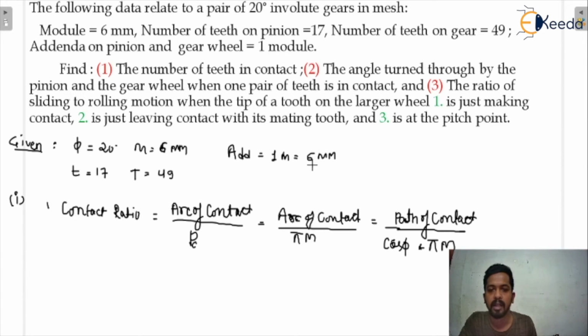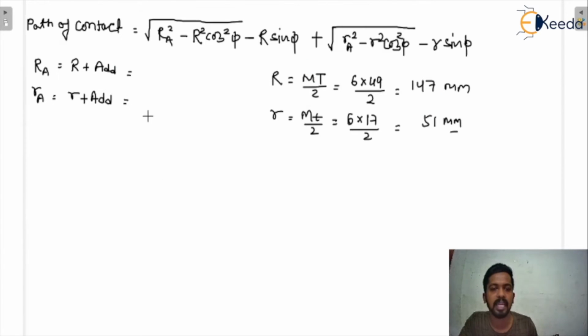Addendum is one module, that is 6 mm. So we have to put the value in these equations: 147 plus 6, and you will get 153 mm. And 51 plus 6, and you will get 57 mm.